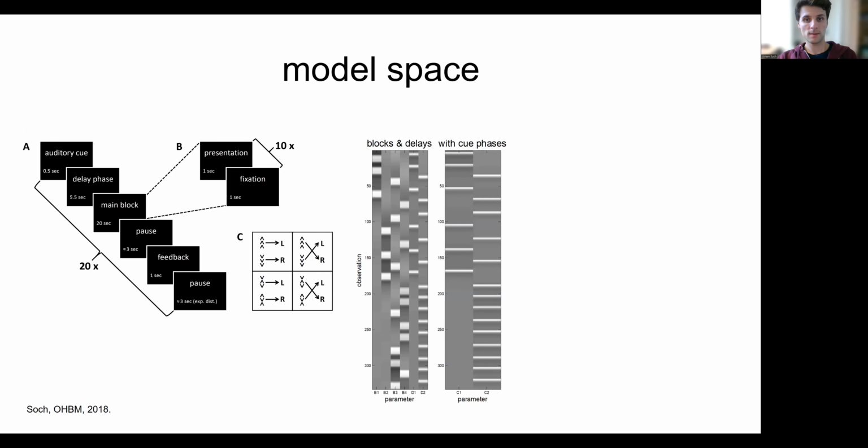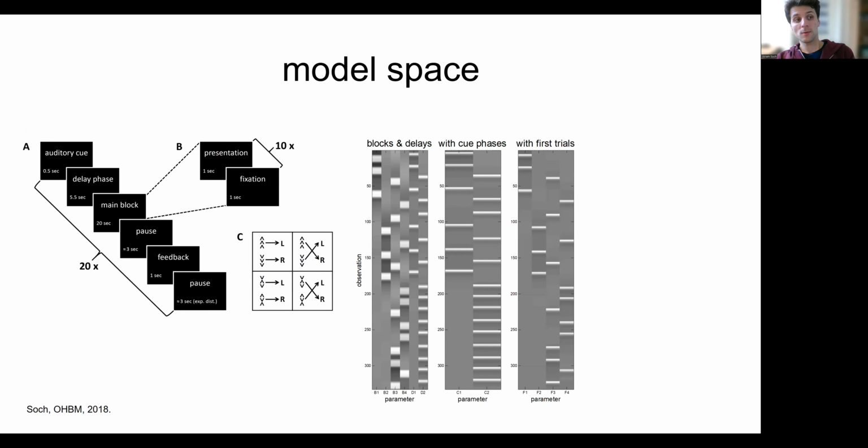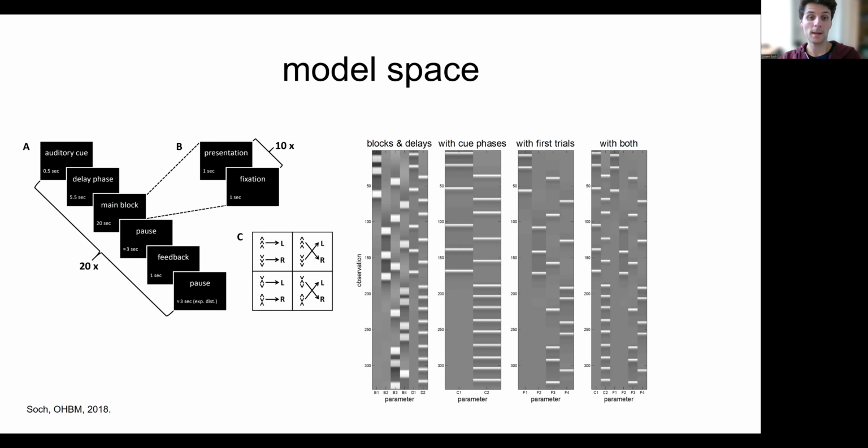To this basic model setup, we can either add regressors for the cue phases coming before the delay phases, or regressors for the first trials from the blocks coming after the delay phases to account for further neural processes. Or we can add both, which again gives us a model space of 4 different GLMs.